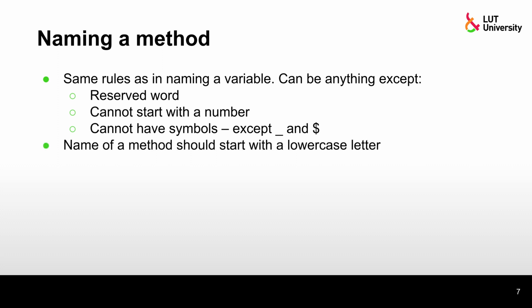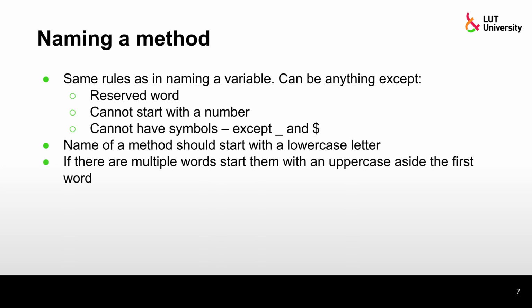And the name of the method should start with a lowercase letter. So we are using the camel case way. If there is more than one word in the method name, start with a lowercase and then every word starts with an uppercase letter.